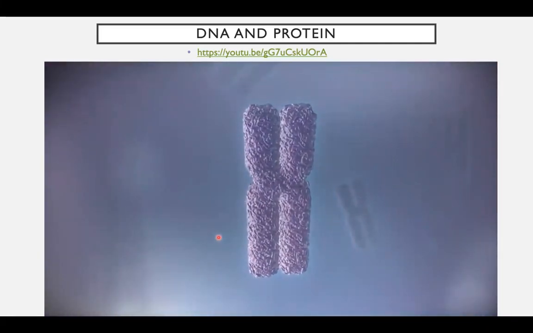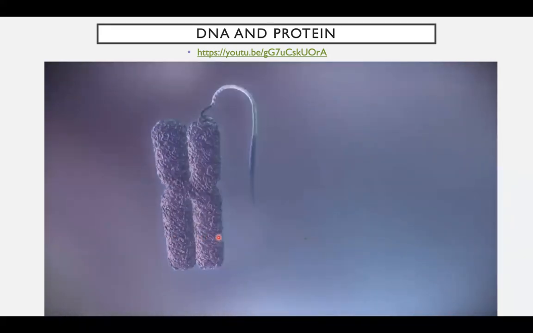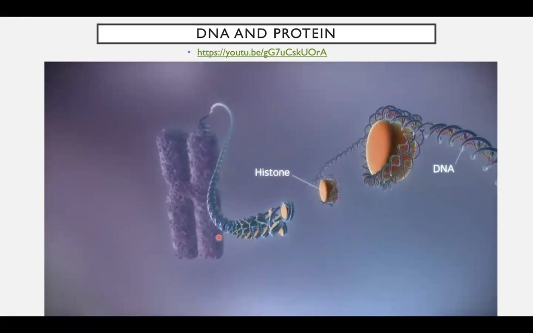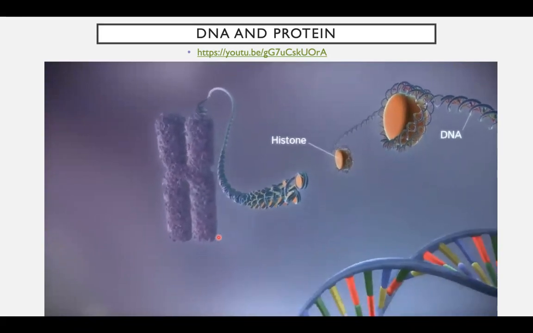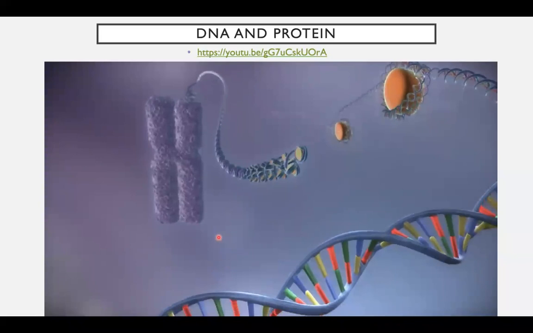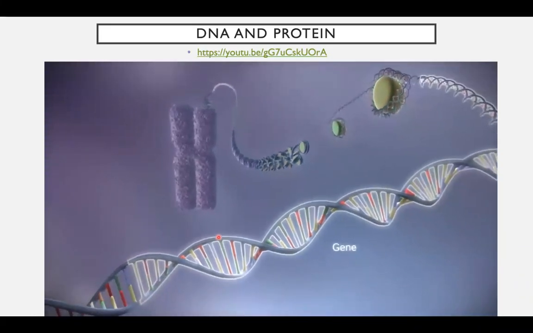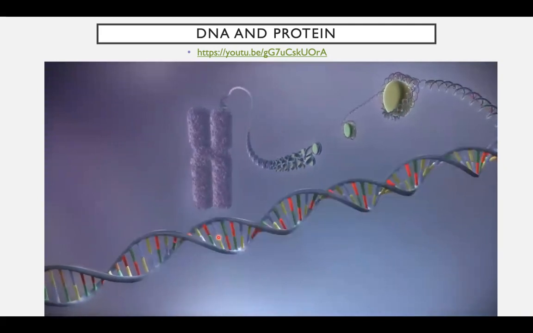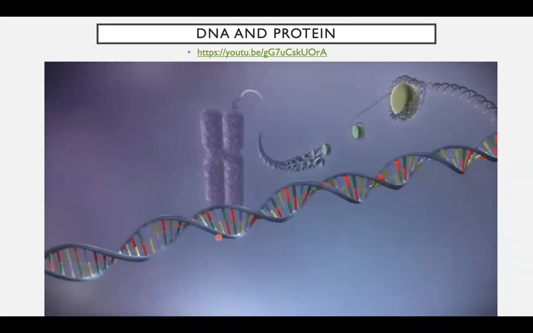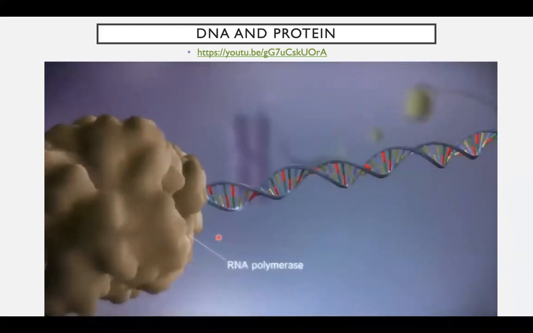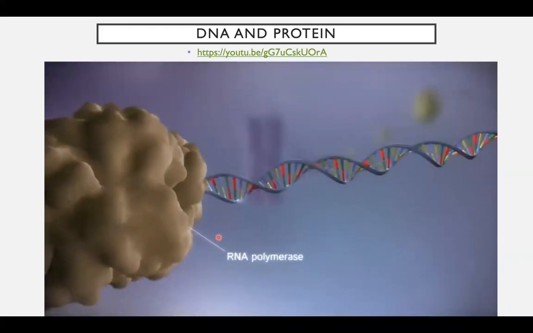Each chromosome contains a long strand of DNA, tightly packaged around proteins called histones. Within the DNA are sections called genes. These genes contain the instructions for making proteins. When a gene is switched on, an enzyme called RNA polymerase attaches to the start of the gene.